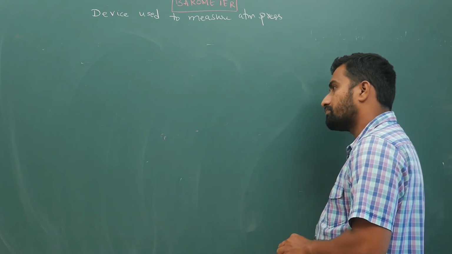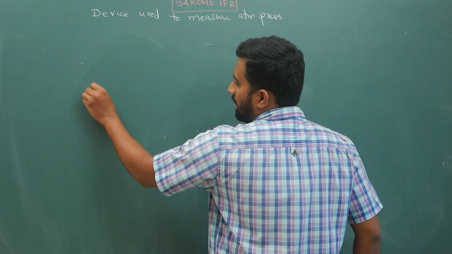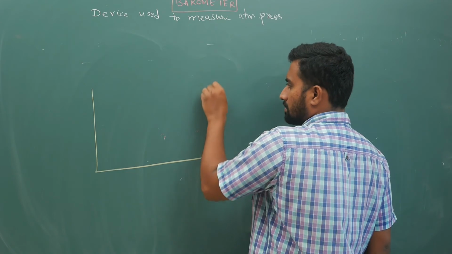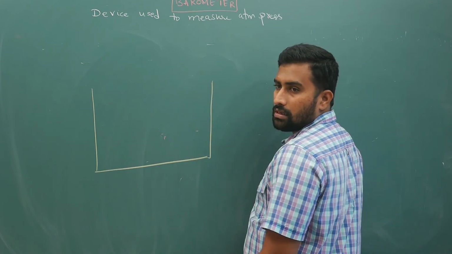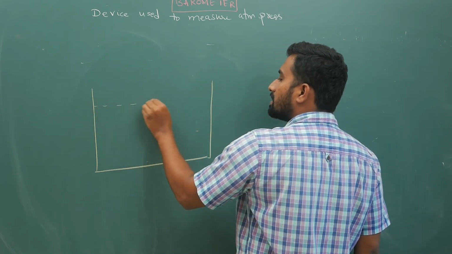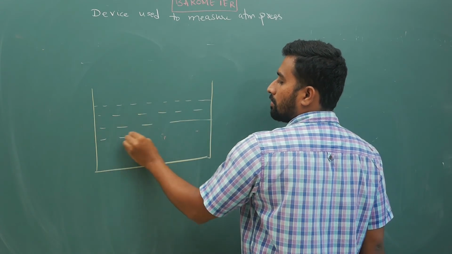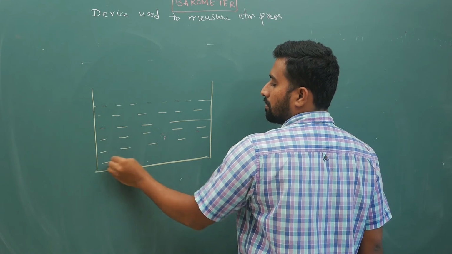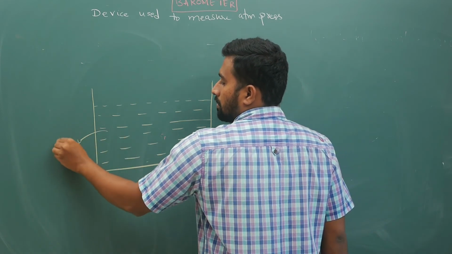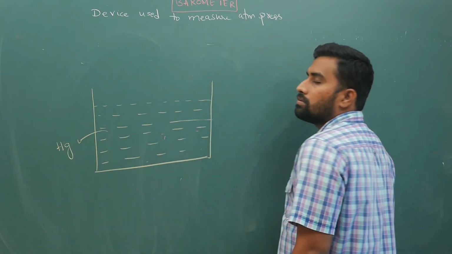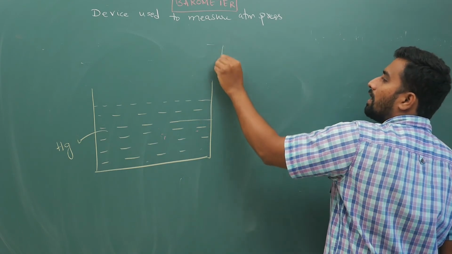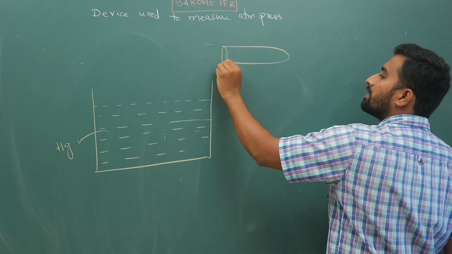Now if you take a container like this, and if this container is filled with mercury, now let us say you have a highly evacuated tube.